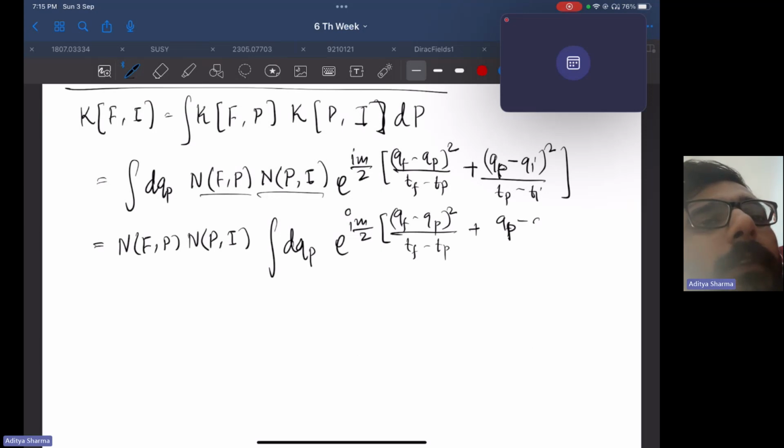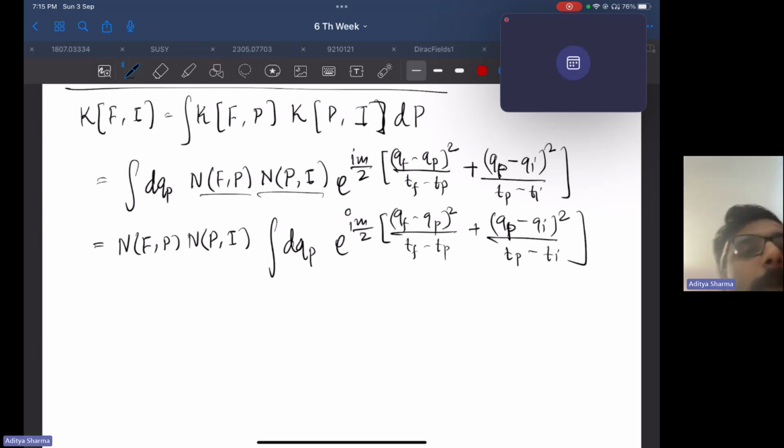So basically how to do the integral is simple. You just have to break the squares.